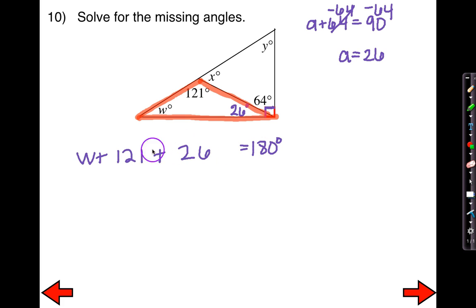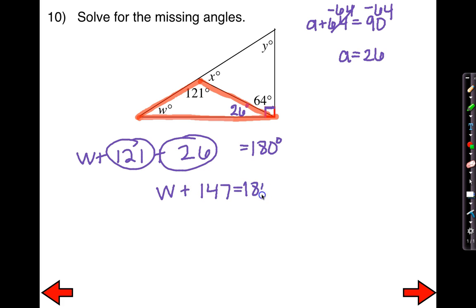First we're going to combine like terms. We're going to combine 121 and 26, leaving me with W plus 147 equals 180 degrees. To solve for W, I'm going to subtract 147 from both sides, which leaves me with W equals 33 degrees. So now we know the angle of W is 33 degrees.